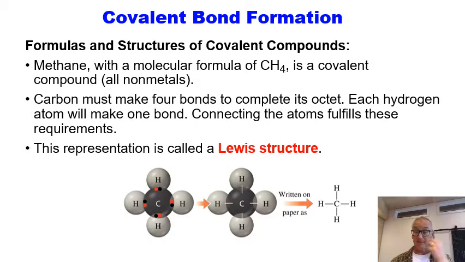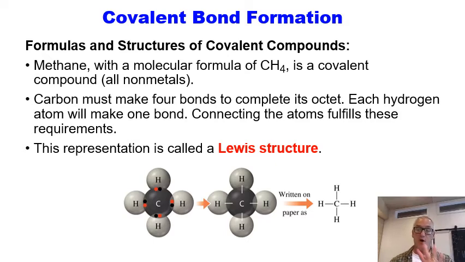So let's look at a very simple covalent compound, methane, basically the main component of natural gas. So methane has this molecular structure of CH4, all nonmetals, carbon and hydrogen, although hydrogen can be a metal sometimes under weird circumstances. So carbon makes 4 bonds, as I've shown you.